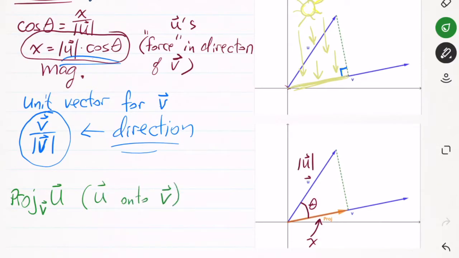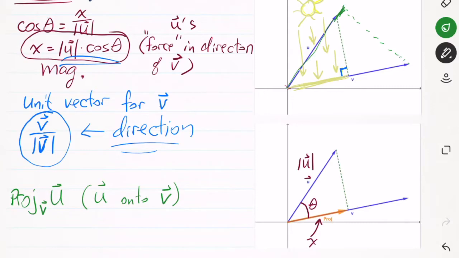And it's really important the order that these two letters go in, because u is the one we're trying to find whose force is going in the direction of v. So if I switch them, then I'm projecting v onto u, which would be over here, and it'll be a bit longer than what u is.